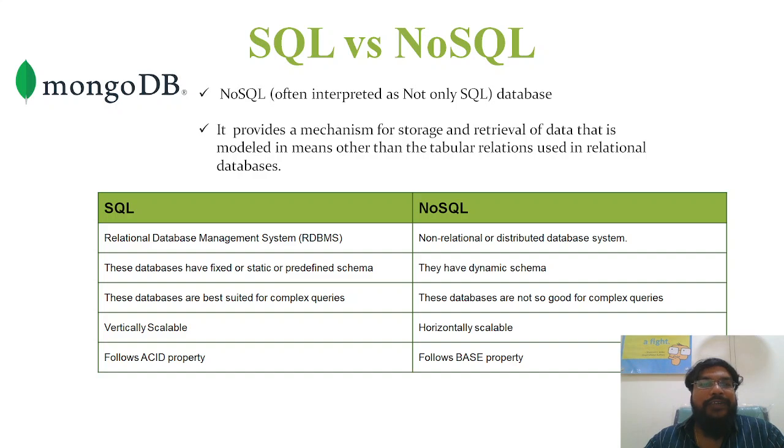If you look at the differences between SQL and NoSQL, in SQL we use a relational database management system, which we term RDBMS. And NoSQL is non-relational. That is, the data will not be stored in the format of a table. In SQL, the databases are fixed and follow a standard schema.